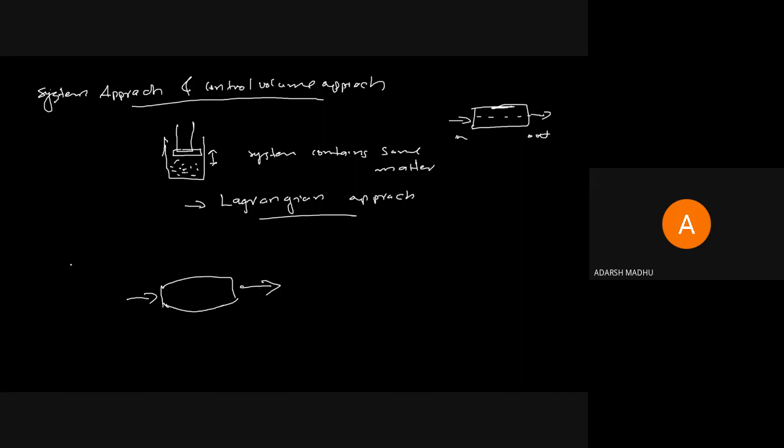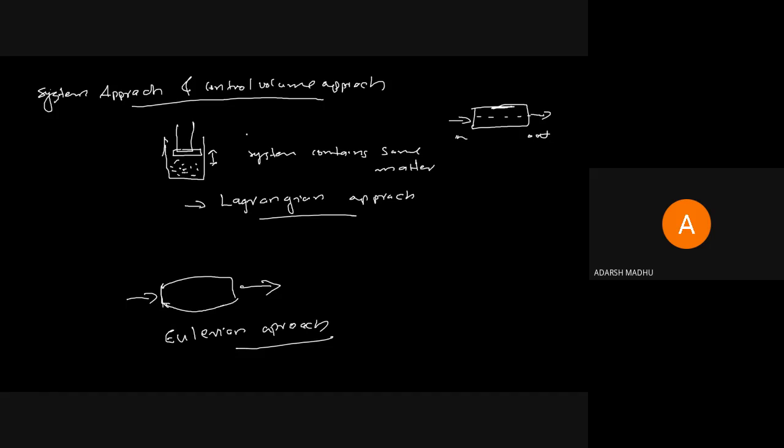A control volume is a definite volume in space. The volume stays there, but matter is moving in and out continuously. It can be called the Eulerian approach, or control volume approach.